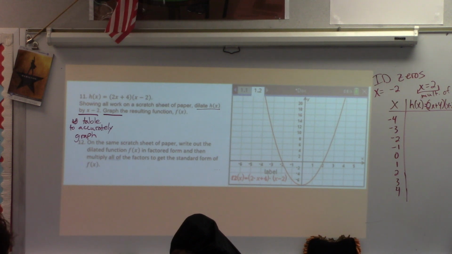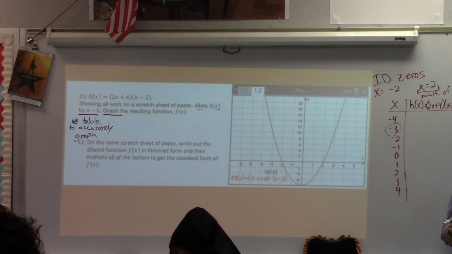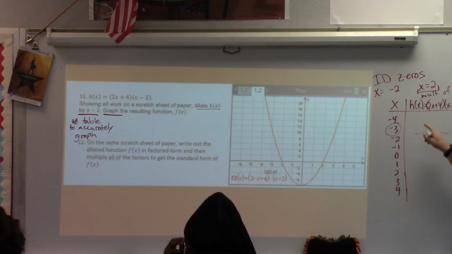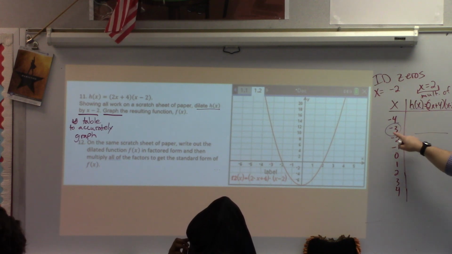But better than that, okay? Let's say I'm looking at h of x, but I have an x value of -3. How can I use that graph to get the output when x is -3? Anyone know? How can I get my output, right? That's my input. How can I get the output for h of x when x is -3?